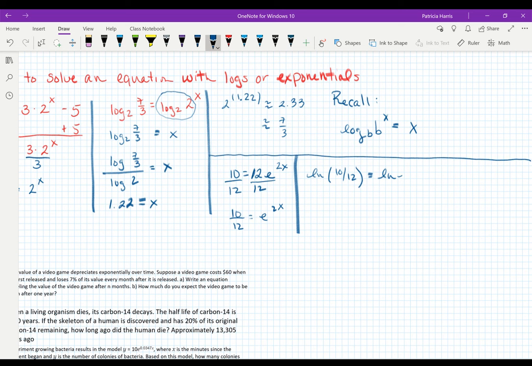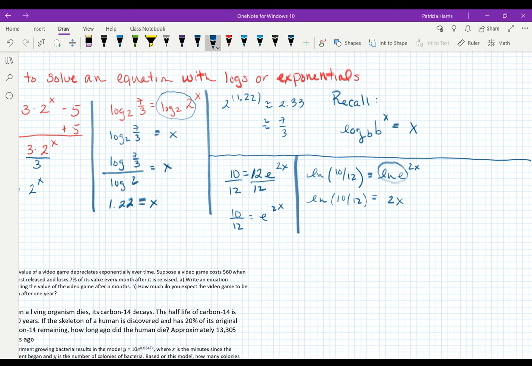If you came from Math 2, please be patient. What's going to happen is that ln and e are going to cancel out because they're inverses, and you're going to be left with 2x, and you're going to be left with ln of 10 divided by 12.